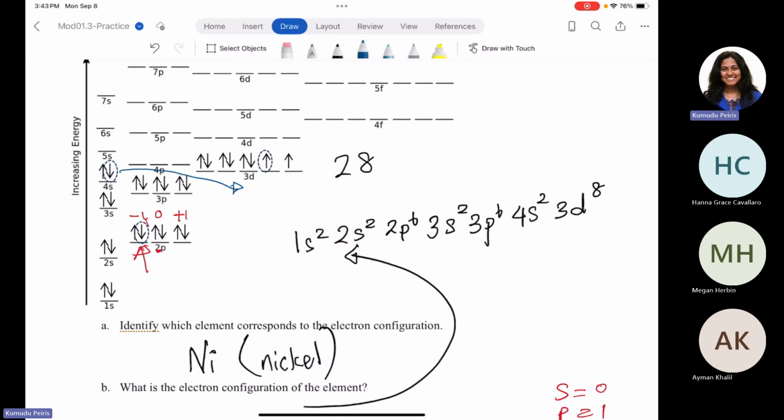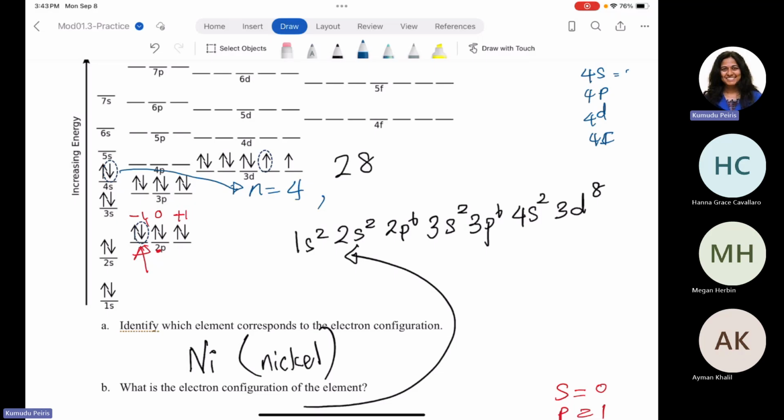The principal quantum number, or the energy level, n equals, which energy level is that? 4s is in number 4, right? Next, the energy level 4 has 4 different types of orbitals: 4s, 4p, 4d, and 4f.